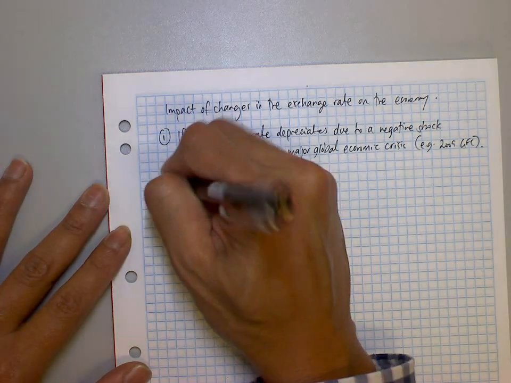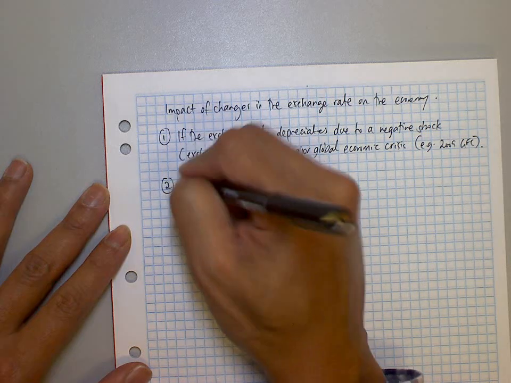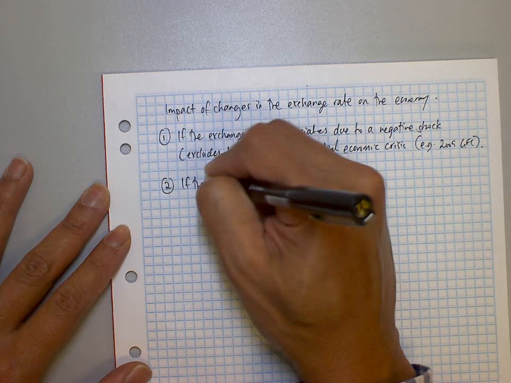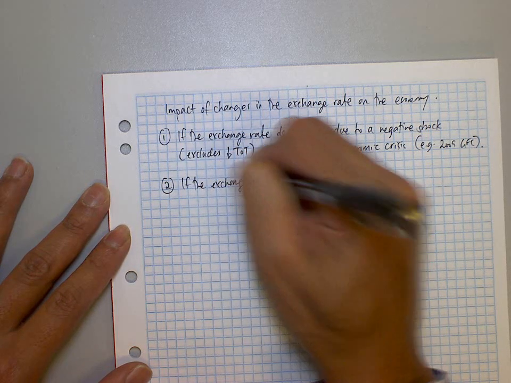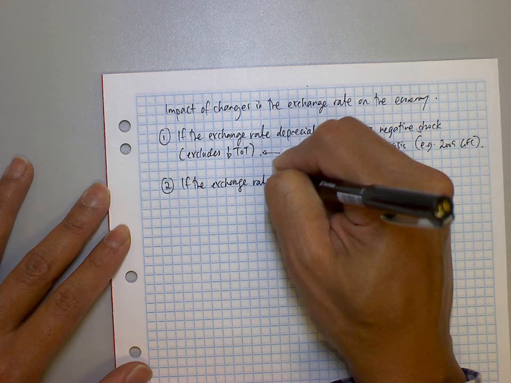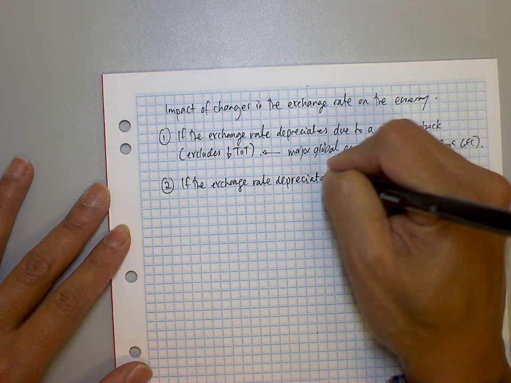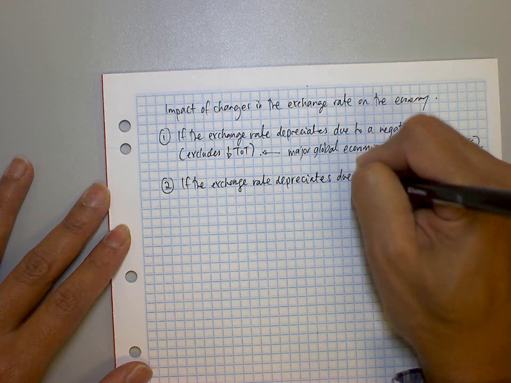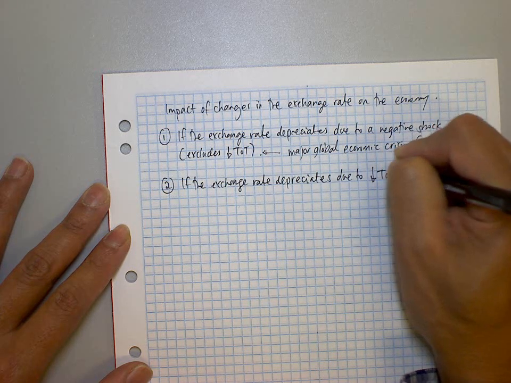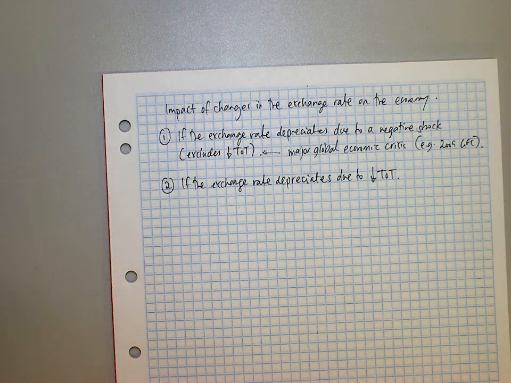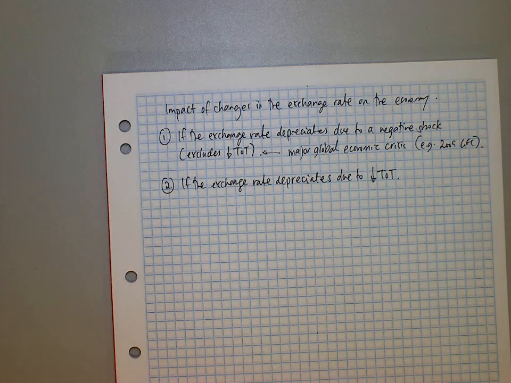The second situation we're going to cover is if the exchange rate depreciates because of a fall in the terms of trade. So these are two separate situations, okay? So we're going to go through them one by one.